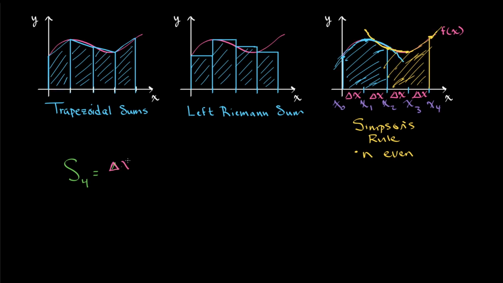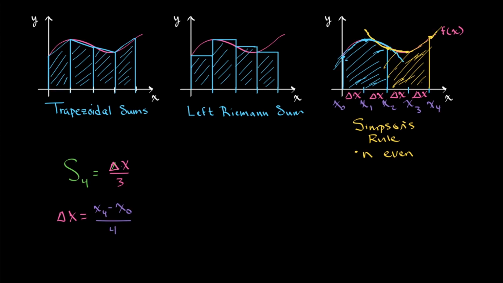Delta x over 3. And similar to how we computed all these other sums, we're going to define delta x as the same thing. It's going to be the length of our interval, so x sub 4 minus x naught, and then over how many subintervals we have, and that's going to be 4. So that's delta x. It's not something new.